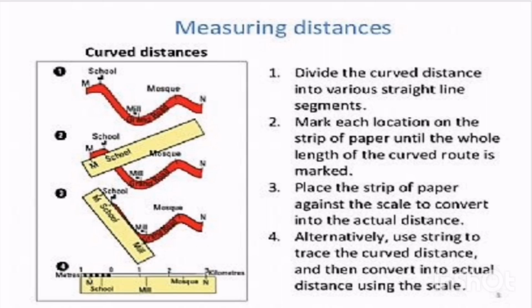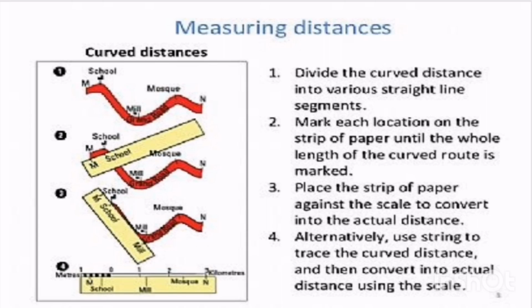Then mark each location on the strip of paper until the whole length of the curved route is marked. See, in the third figure. Then after all this, one thing students, what does this whole length of the curve mean?